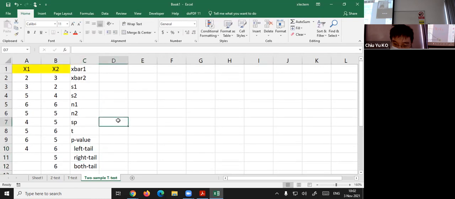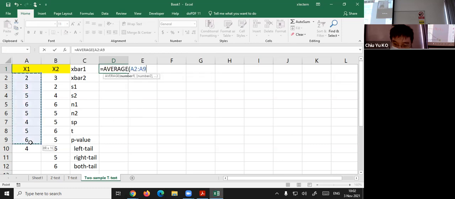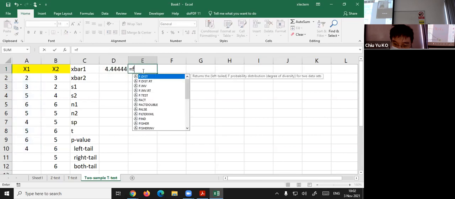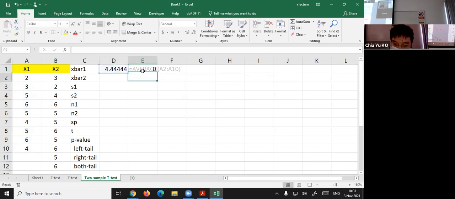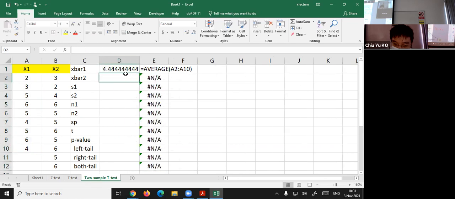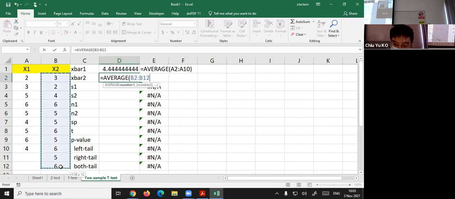So let me do the first thing. That's very simple, right? X bar 1 is just the average of the X1. Let me copy this and you see what I'm doing. Then X bar 2 is just the average of X2.